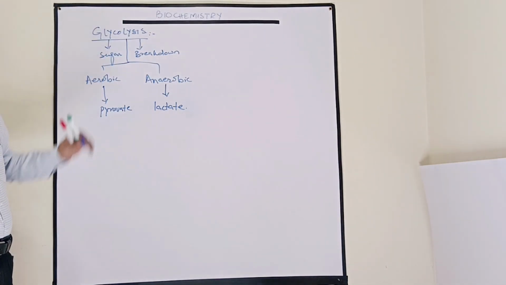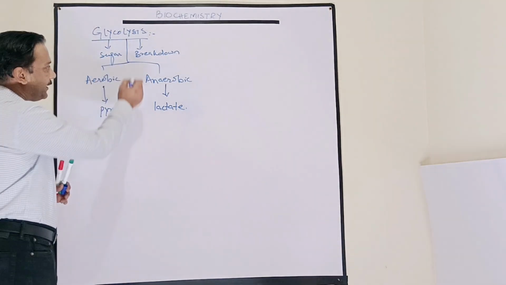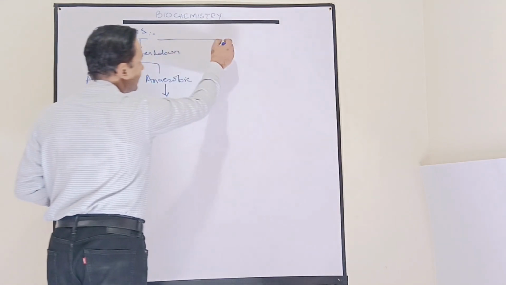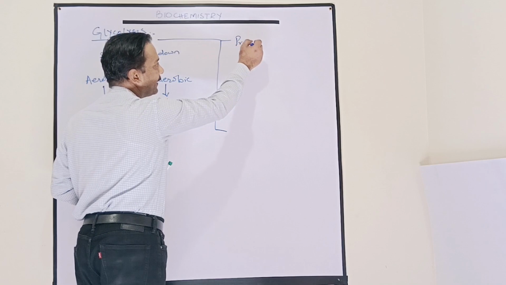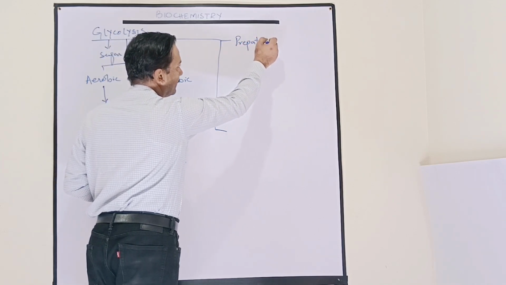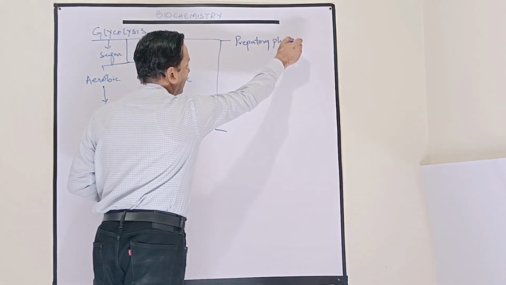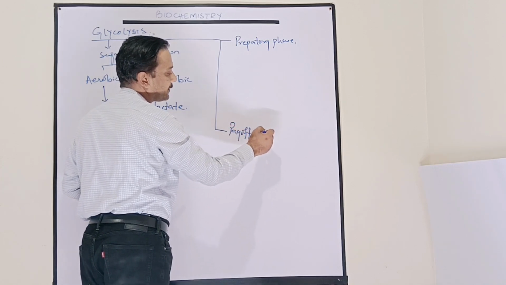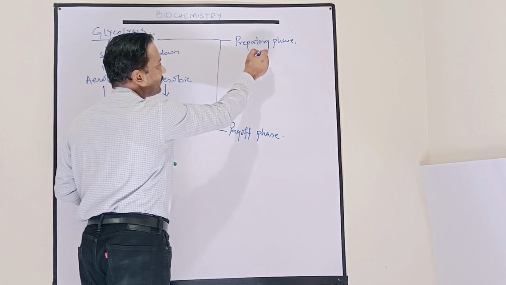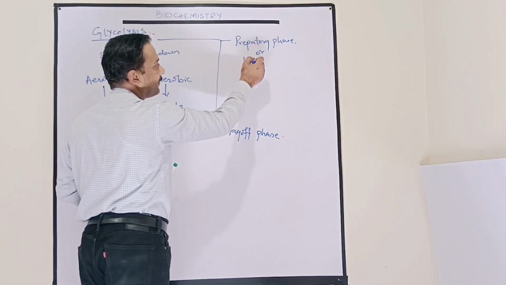So glycolysis basically has two phases. One is the preparatory phase, and one is the payoff phase. The preparatory phase, we also call it the investment phase.